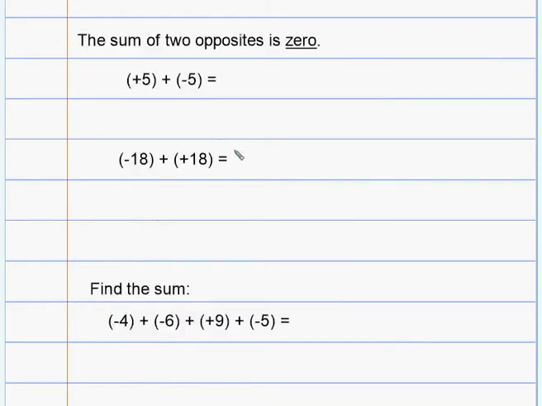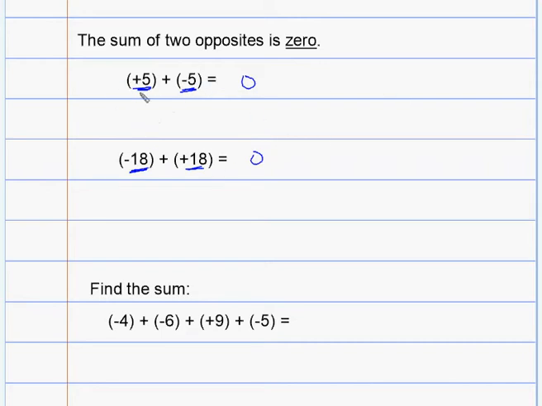The sum of 2 opposites is always going to be 0, so a positive 5 plus a negative 5 is going to be 0. Negative 18 plus positive 18 is going to be 0. I go 5 in the positive direction, and then I go back 5 in the negative direction. I can also use what I know about subtracting.